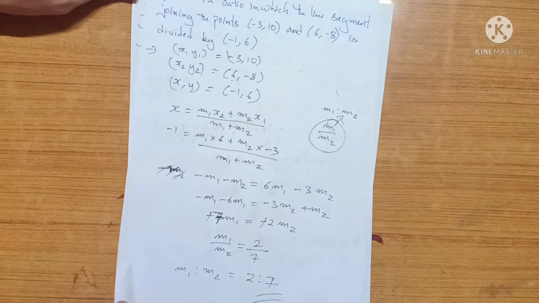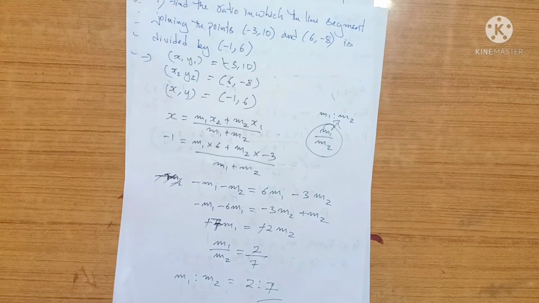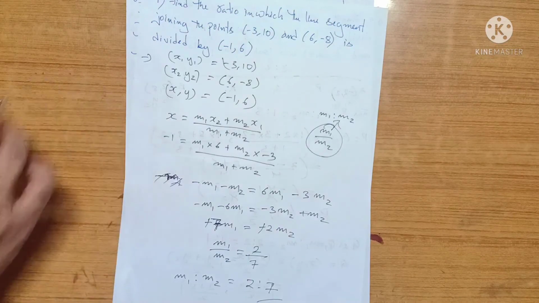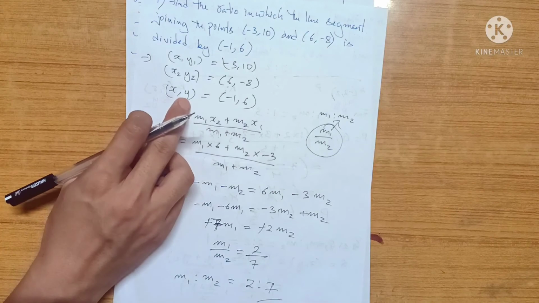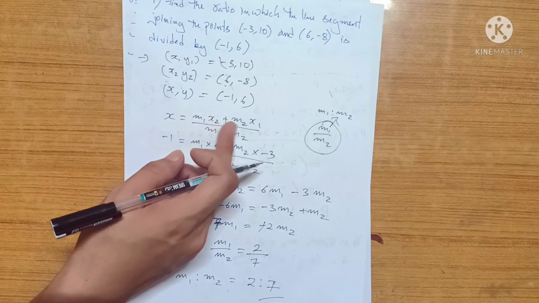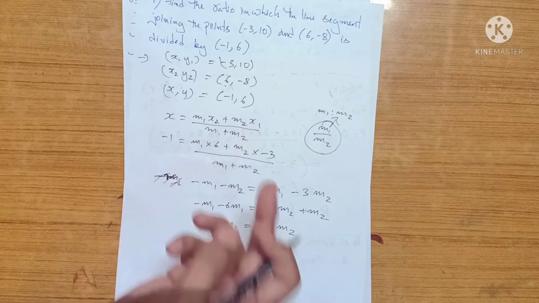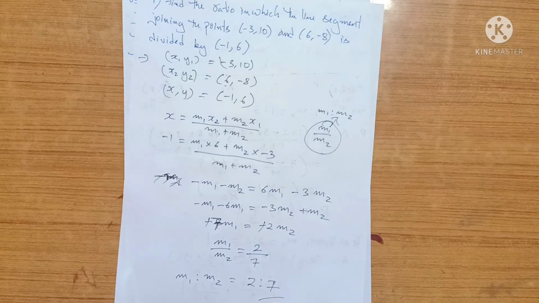What you will notice from this question is that it doesn't matter if you do it with x or y. Even if you want to try it out, take y equal to (m1 y2 + m2 y1) by (m1 + m2), and then you solve it, you will get exactly the same, 2 is to 7. So even if it's x or y, you will get the same answer no matter what.